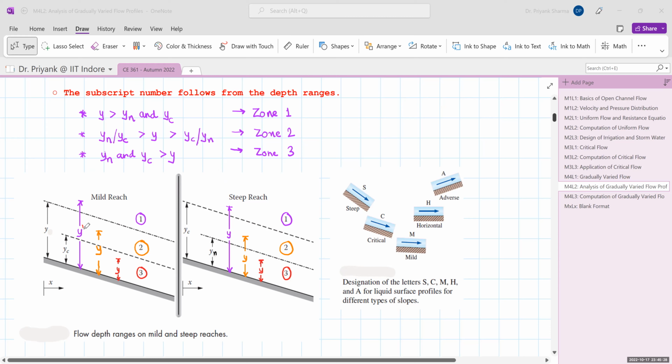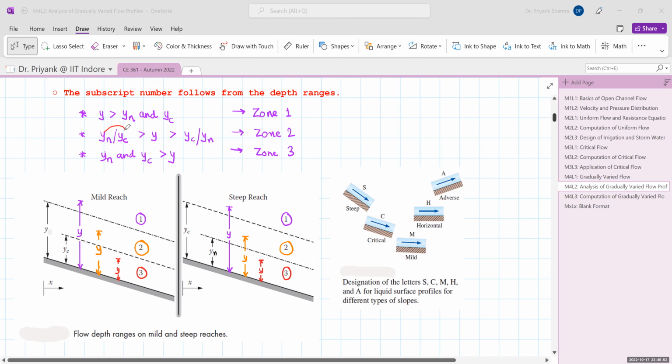So if your depth y is greater than yn and yc, so that is zone 1, irrespective of your slope whether it is a mild or steep slope, if y is greater than yn and yc it falls in zone 1. So here if this is a mild reach, so it is m and zone 1, so it will be m1. Similarly it is a steep reach and zone 1, so it is s1.